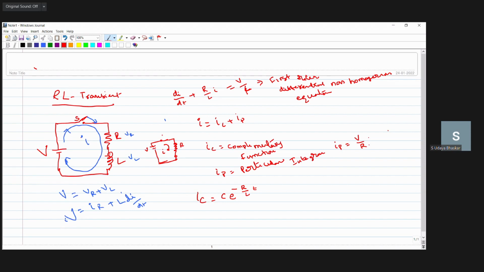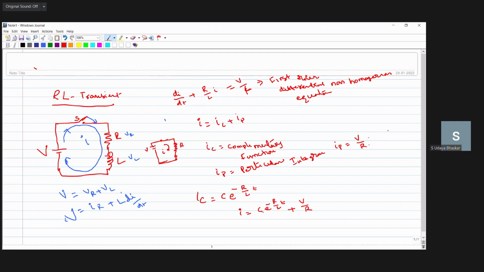So here I is equal to the complementary function C into e to the power of minus R by L into T, plus IP, which is equal to V by R. So this is the equation.